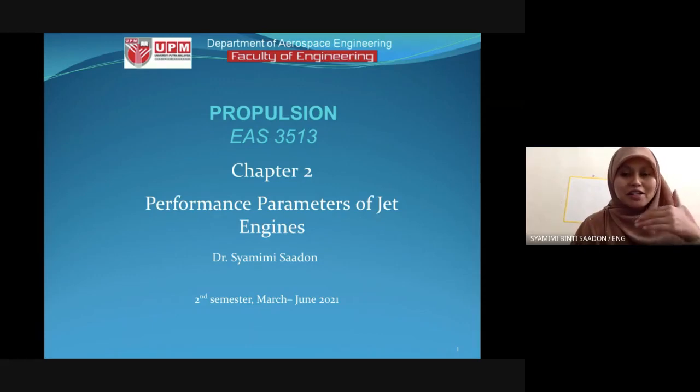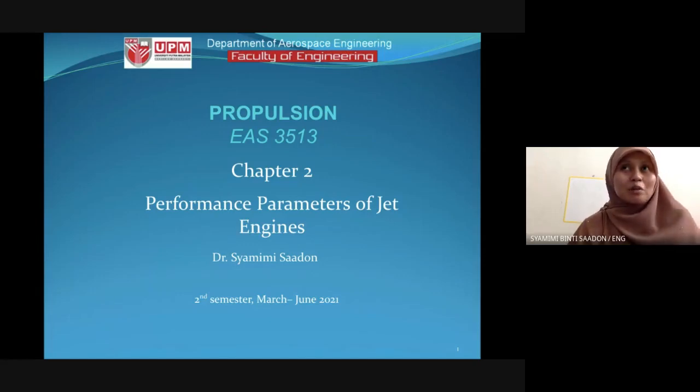I introduced some parameters, namely performance parameters, in order to analyze the performance of each propulsion jet engine. So today we will see some examples of exercises and tutorials in order to evaluate the performance.